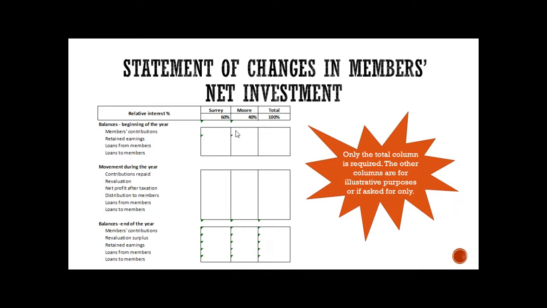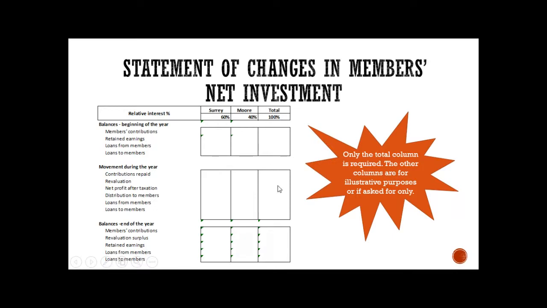The disclosure only shows the total movement for the CC as opposed to the various members. We only do these columns in the textbook to help you show you how to actually get to the answer. So if you get it in a test, they will only require you to do the total column.